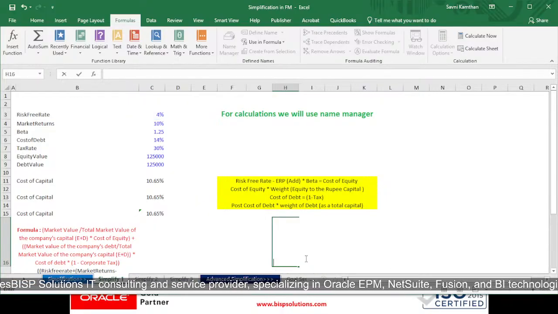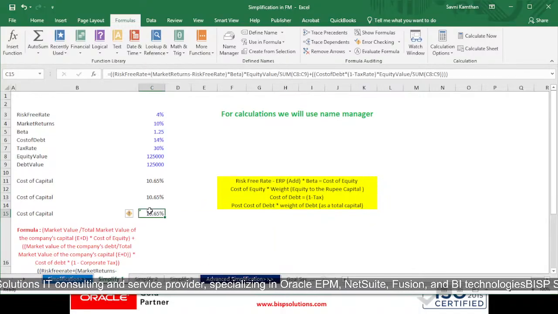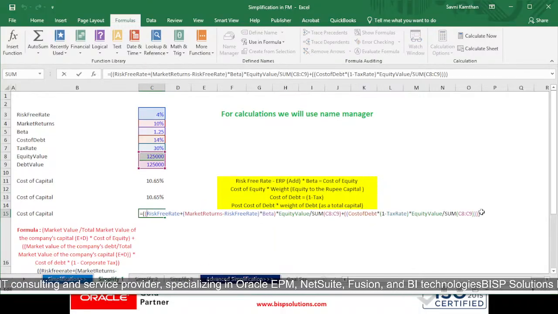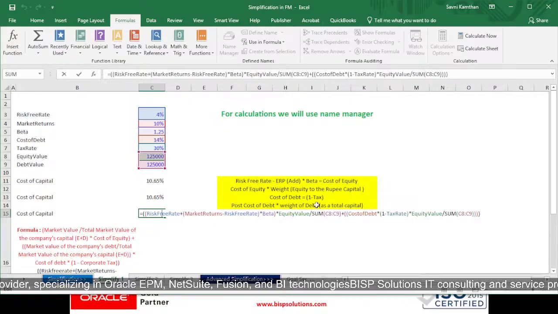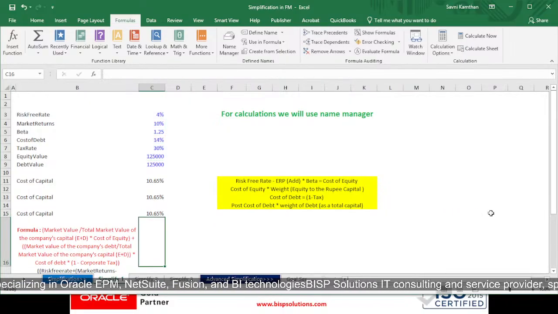Like this name manager will be used, and it is also used by professionals. Another form which will be used is different.